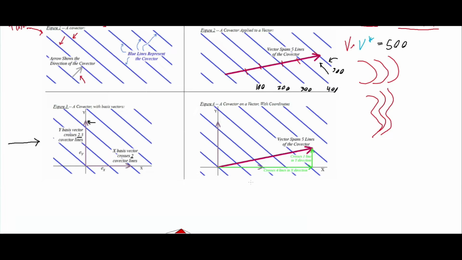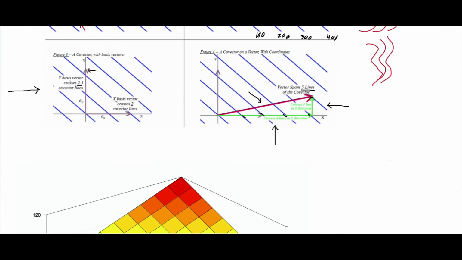And so we can see that if we take the x and y components of our vector, the x component crosses 1, 2, 3, 4 lines, and then our y component crosses only 1, so 4 plus 1, so the total vector spans 5 lines, and so the dot product once again would be 5 here. And so that is how a covector field actually works.